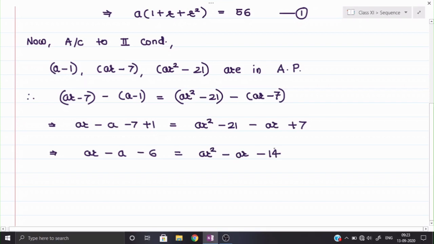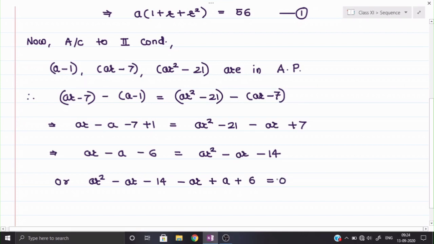We'll do one thing: since AR square has the higher power of R, we'll transfer AR, A and 6 onto the right hand side. So we can say AR square minus AR minus 14 minus AR plus A plus 6 is equal to 0.